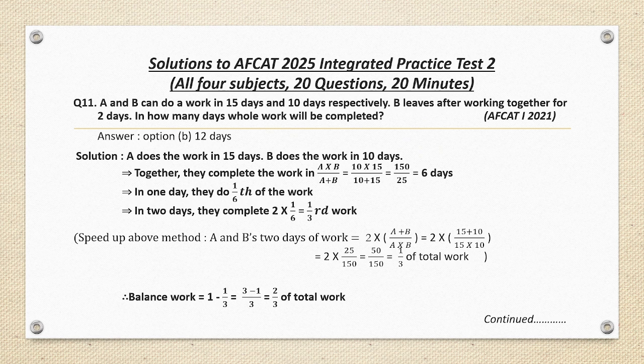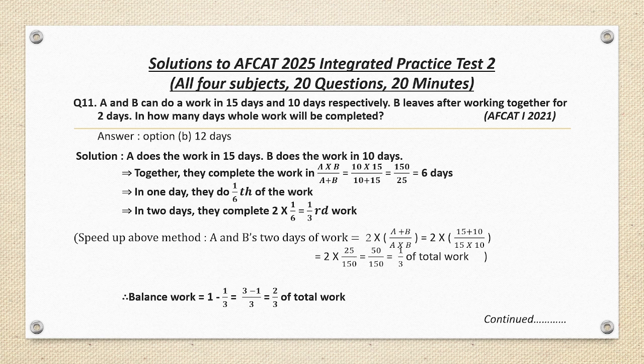Question number 11. A and B can do a work in 15 days and 10 days, and B leaves after working together for 2 days. I've given here the usual method and the speeded up method also.